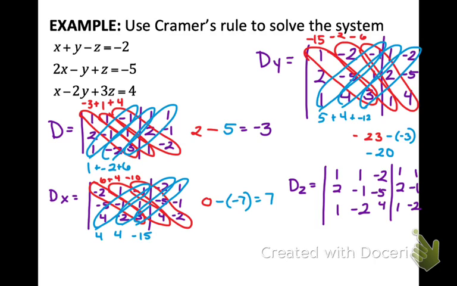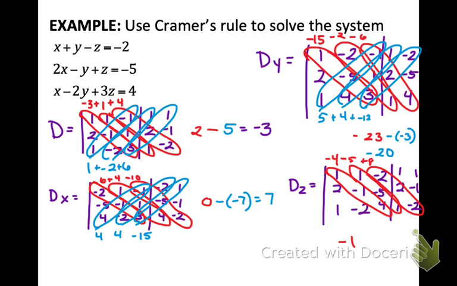Doing the same process over and over again here. First diagonal gets us a -4. And we get a -5. And a +8. So that's -1.